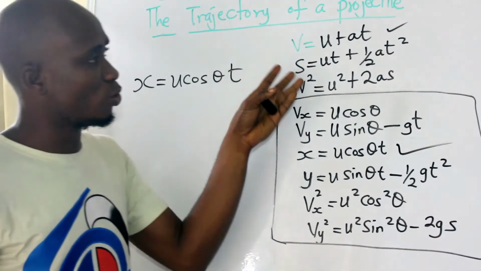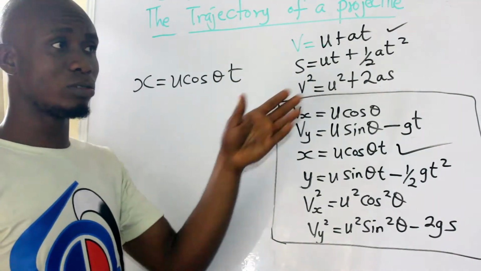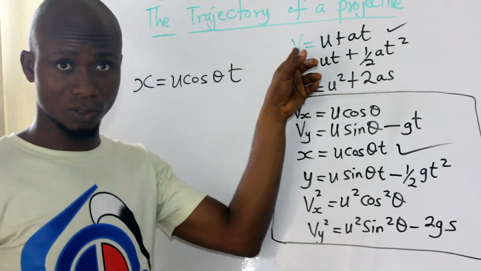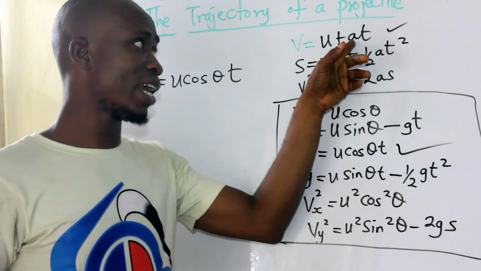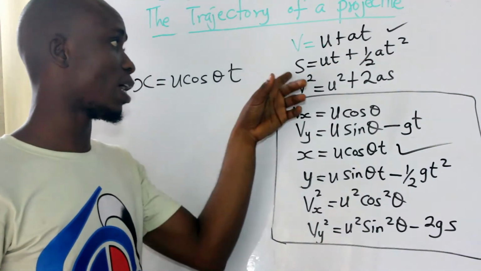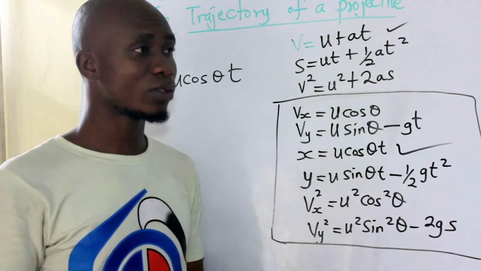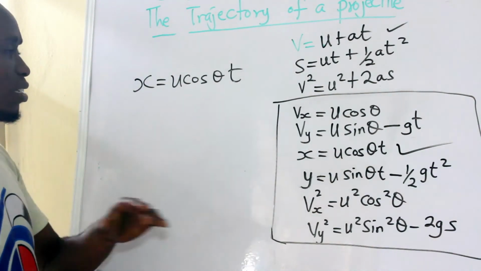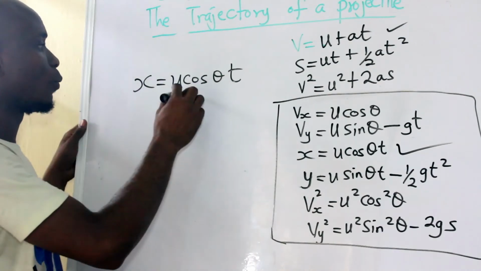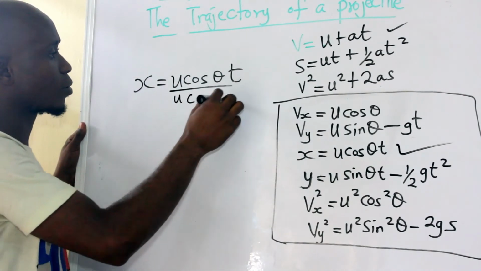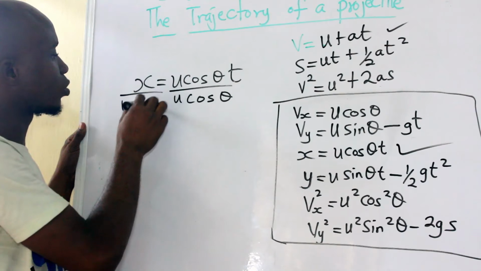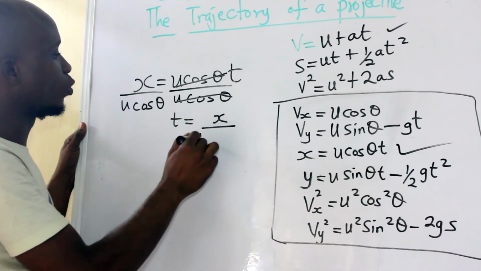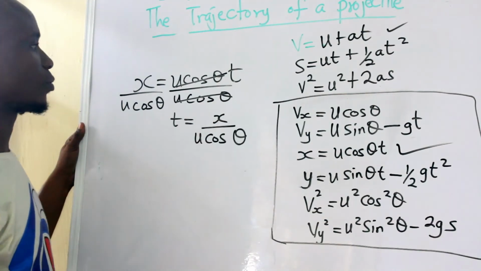Now, let me remind you that the symbols are the same, as you all know. V stands for the final velocity, u the initial velocity, a acceleration, t time, s distance. Same notation. Now, making t the subject here, it's a very simple derivation actually. We divide both sides by u cos theta, and t becomes x all over u cos theta.